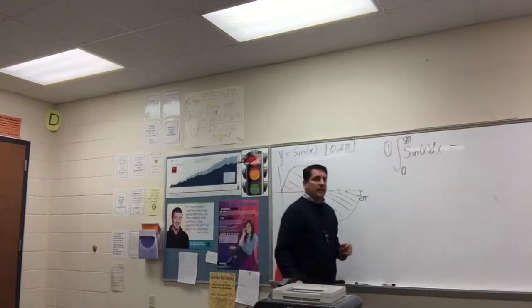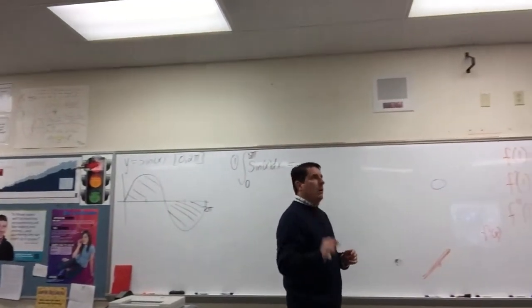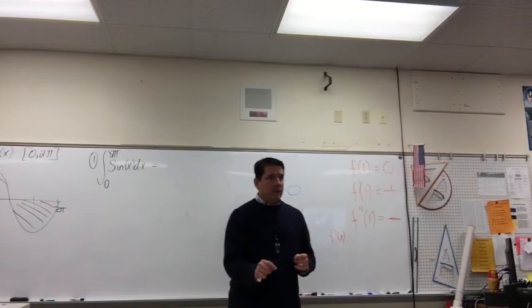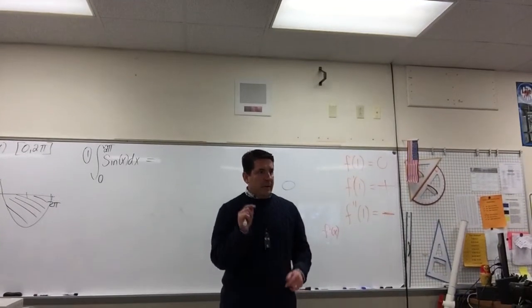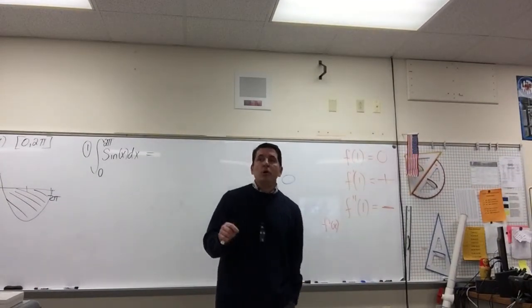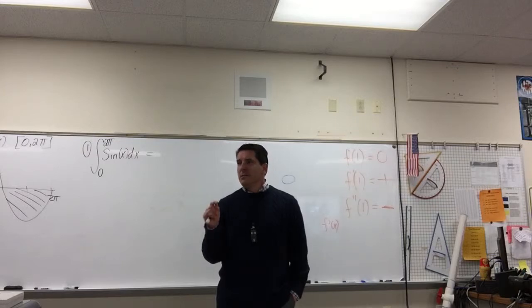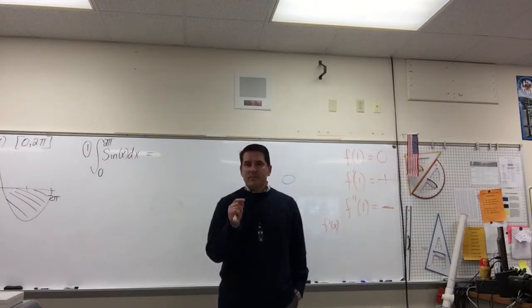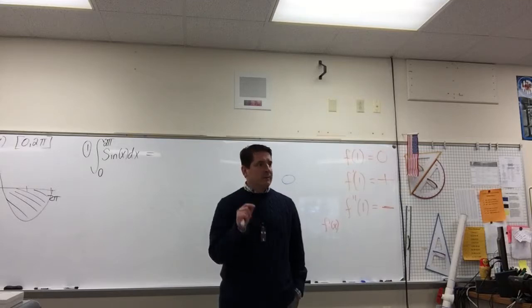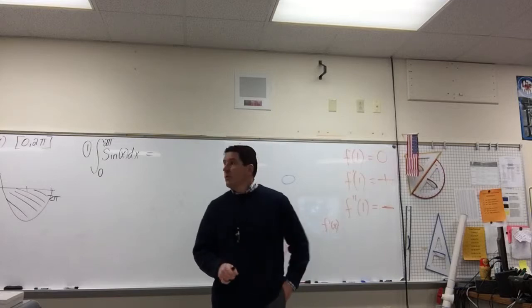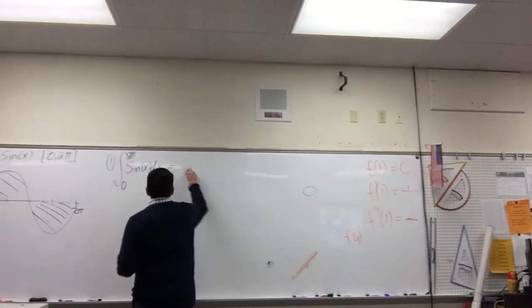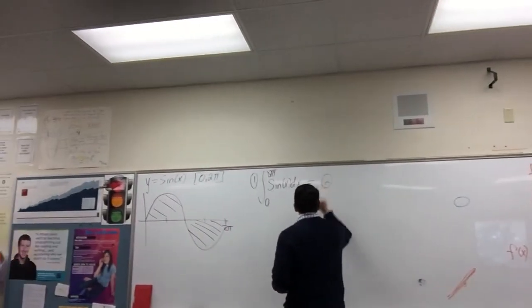Just like Christina was saying, if we want to now apply the integral to do area, we have to be aware that it doesn't know the difference between the positive and the negative areas, and it's thinking that it's doing something that has to do with increasing and decreasing. So we have to be careful with this. So this gives you an answer of 0. Okay? That's not what I want.